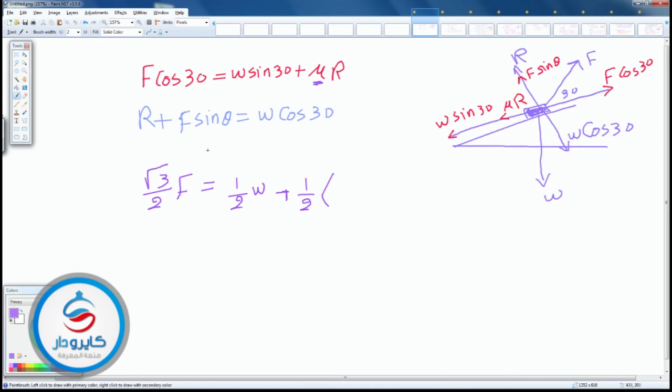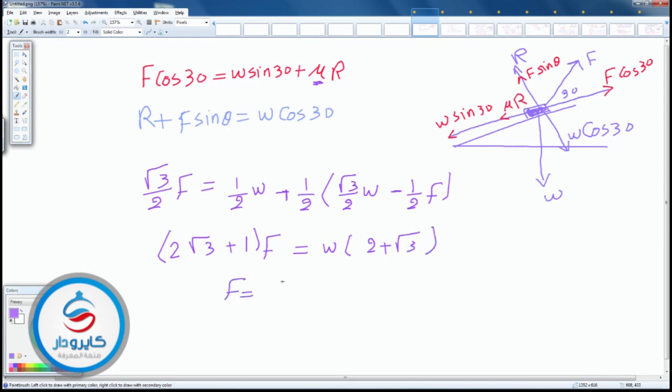Now we substitute instead of R by W cosine 30, which is root 3 over 2 W minus half F. Then we get 2 root 3 plus 1 F equals W times 2 plus root 3.